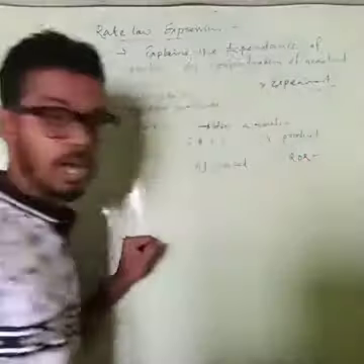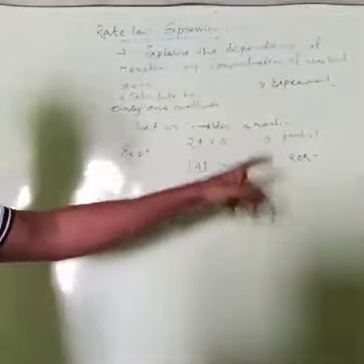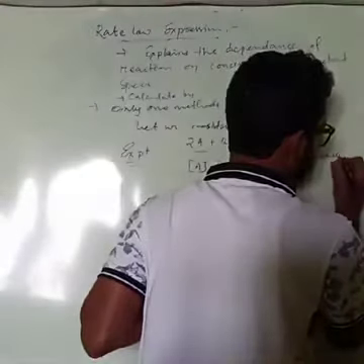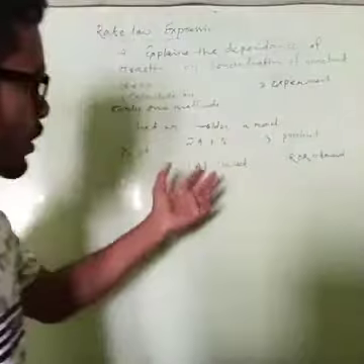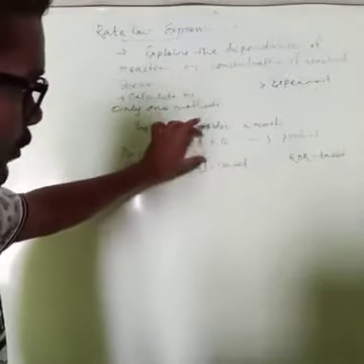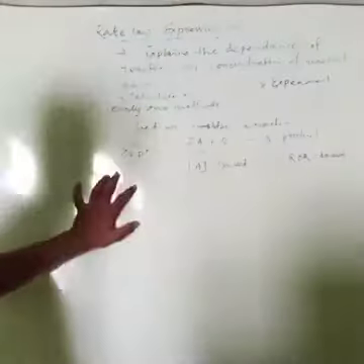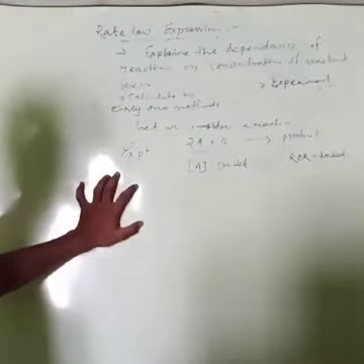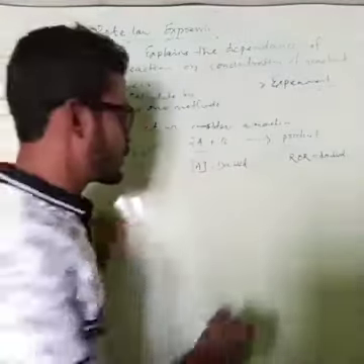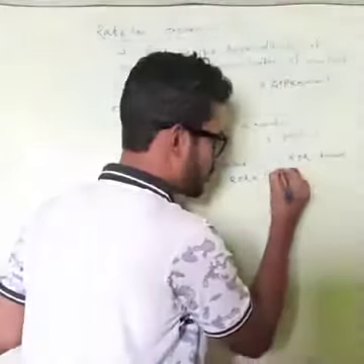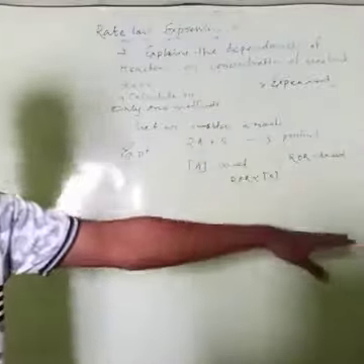ROR is rate of reaction. That is doubled. Once the concentration of reactant A is doubled, you got ROR doubled experimentally. That means here ROR is directly proportional to the concentration to the power 1. It completely depends, double.